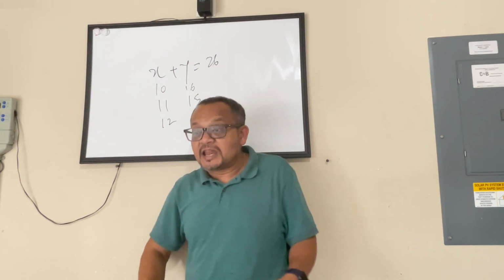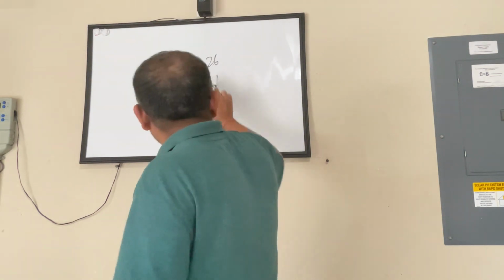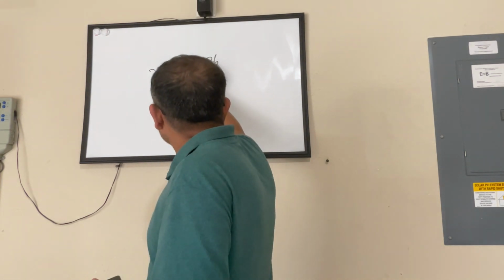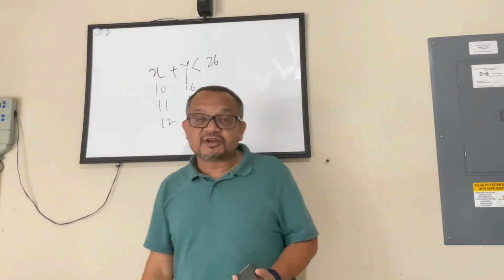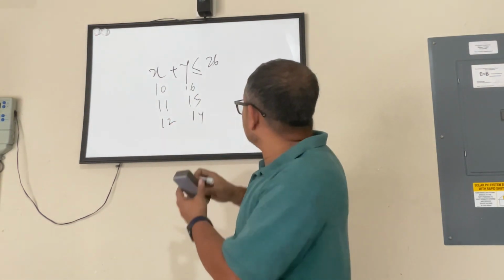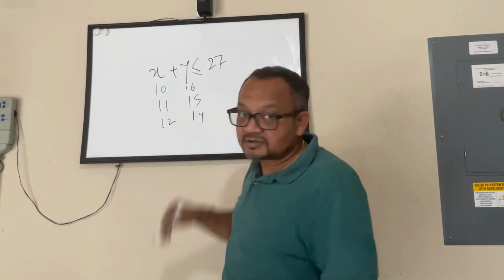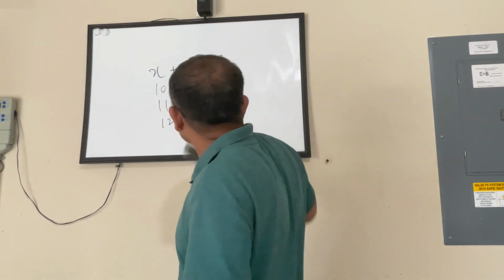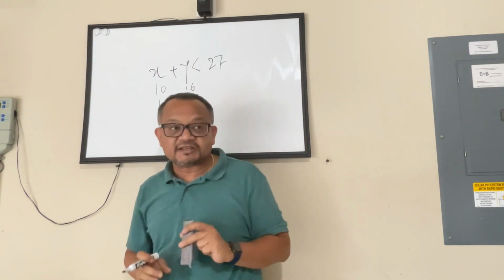Now when you say inequality, meaning when it is not equal, I can put the same thing in a different way, saying that the age of my kids together is less than or equal to 27. Or, let's not make it confusing, I'll say the age of both my kids is less than 27.